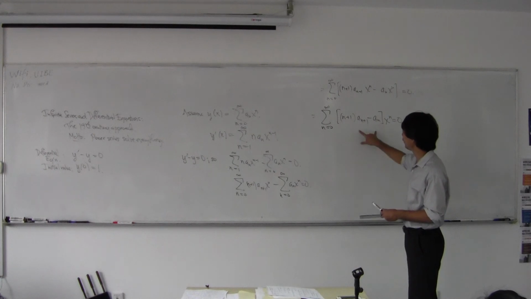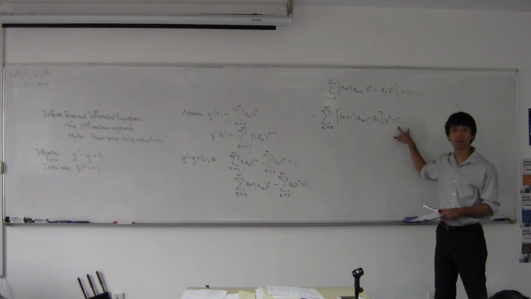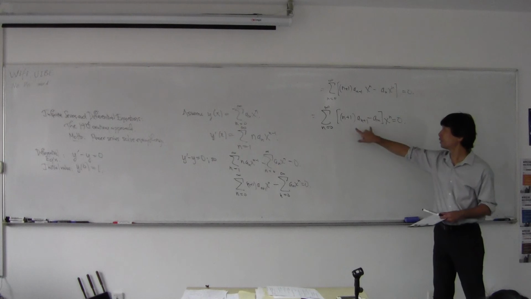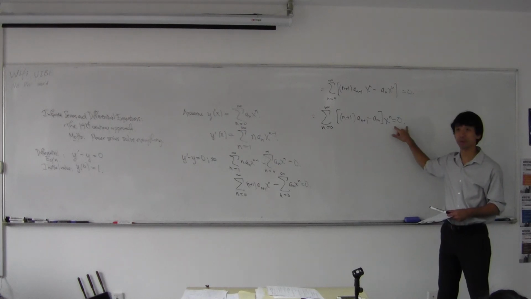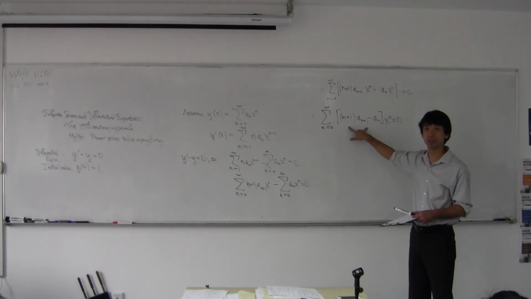So now, what do I have here? I have a power series that equals 0 everywhere. That tells me that the coefficients must all be 0.